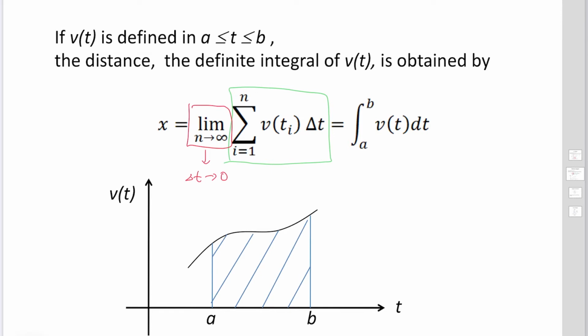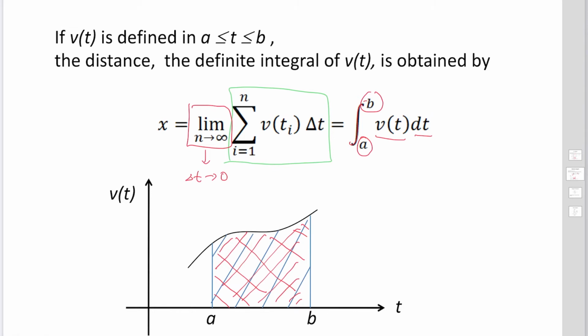Then the area under the curve is covered. This is the definite integral, and we use this symbol. The lower limit a and the upper limit b should be written in this position, the integral of v with respect to time. This is a definite integral.